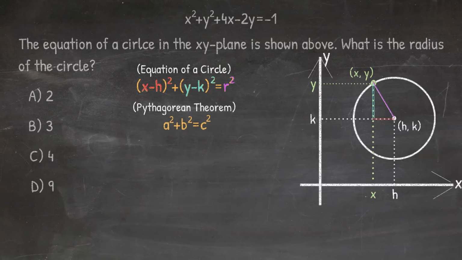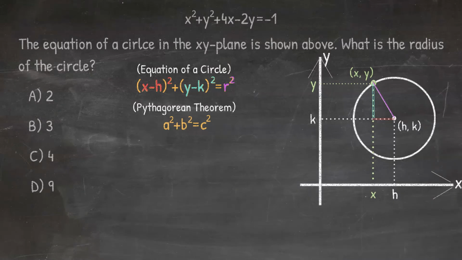We add the squares of both of these differences, and we arrive at the hypotenuse or radius in the squared form. This is a lot of information, so if you could reflect on this and try to see how it all connects together, that would be very helpful before we move on.